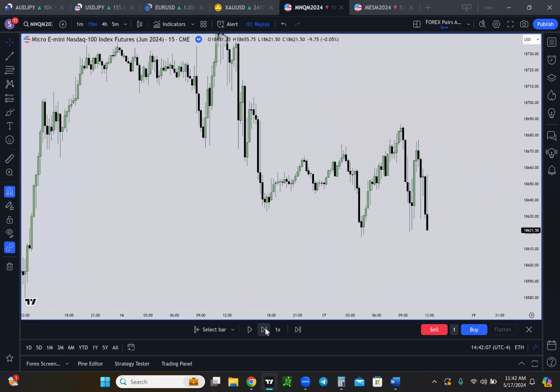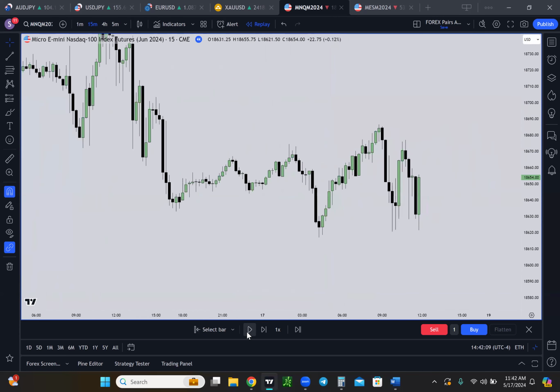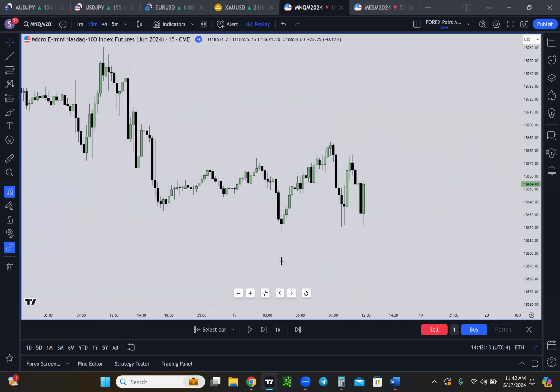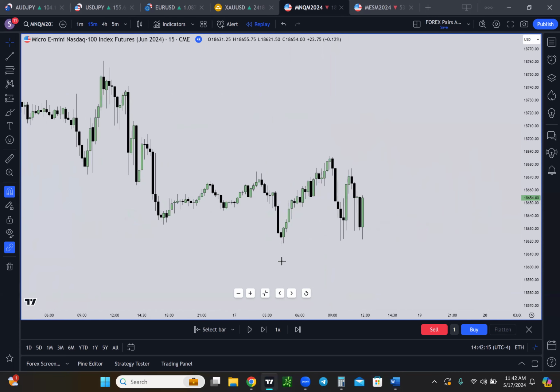So knowing that, we've got to draw down, retrace back down to equilibrium on the 4-hour. What am I looking for at this point? I'm looking for a break to the downside that'll demonstrate to me that we're going lower.